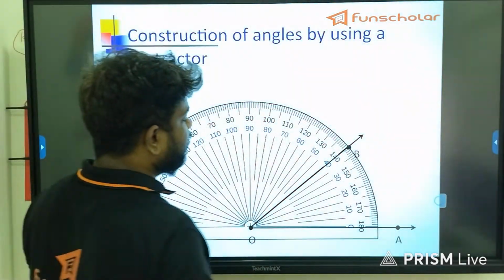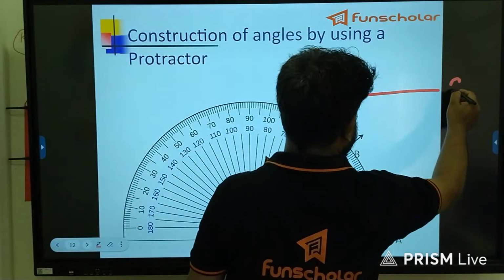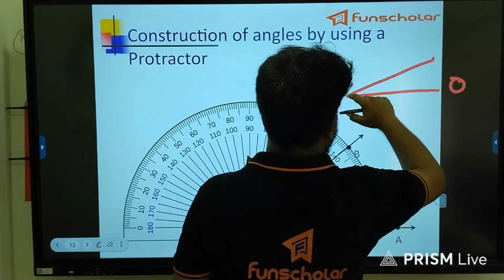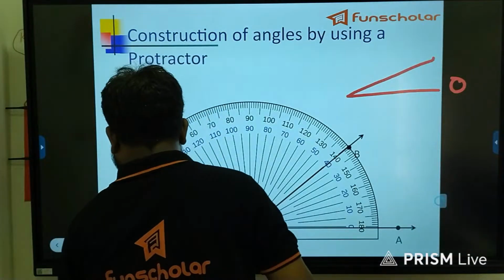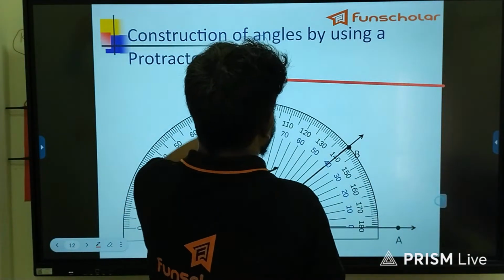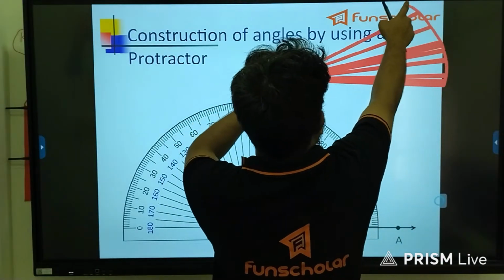If you start measuring from this side, you will have 0 degree here. Okay, it has a better way to showcase. First draw a straight line like this and again start measuring from here.